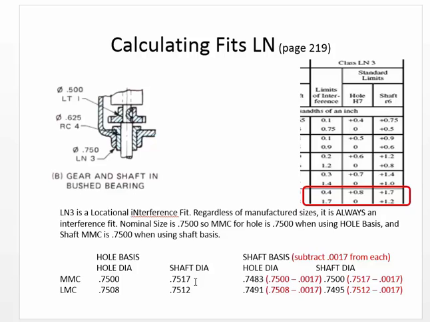Now the difference between them, in this particular case, is 1.7. Look over here, you have 1.7. Down here, the difference is 0.4. You look up here, your difference is 0.4, so we know that those numbers are probably correct. If we started with the shaft instead of the hole, that 750 thou nominal size has to be one of the shaft sizes.